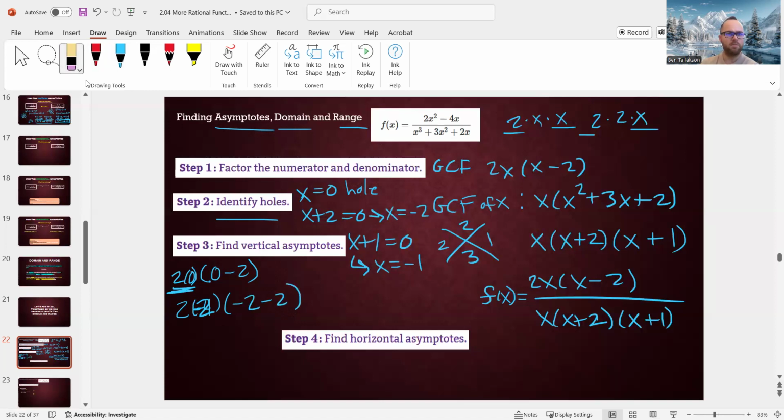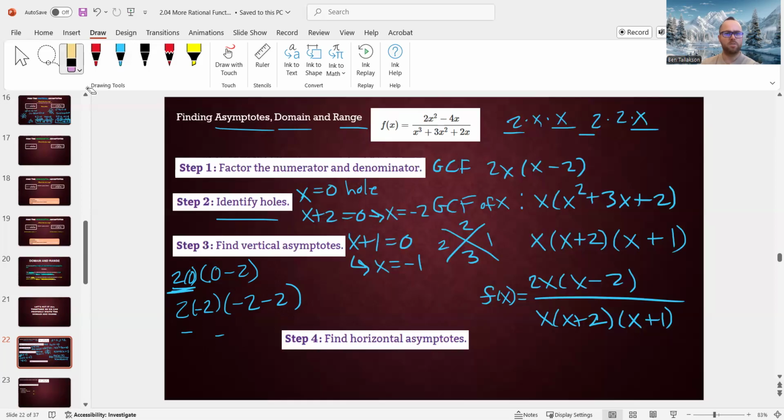I made a slight mistake, I believe, because I had a feeling it was a hole. So I plug in negative 2. No, there's not a hole there, right? Because this would be negative 4 times negative 4. So no hole there.